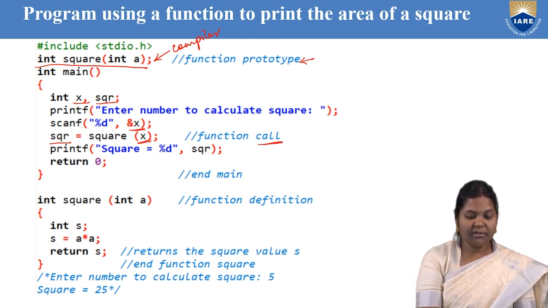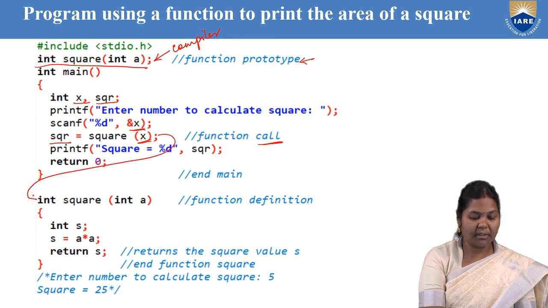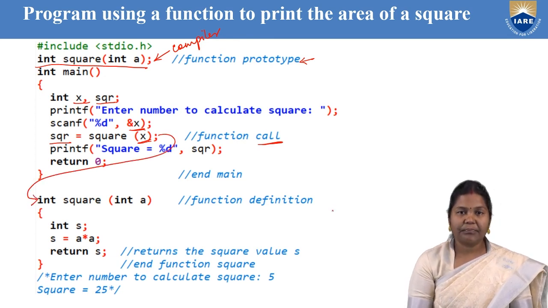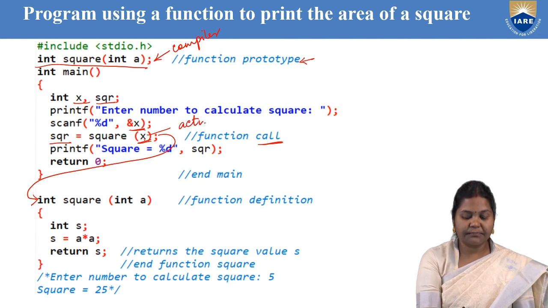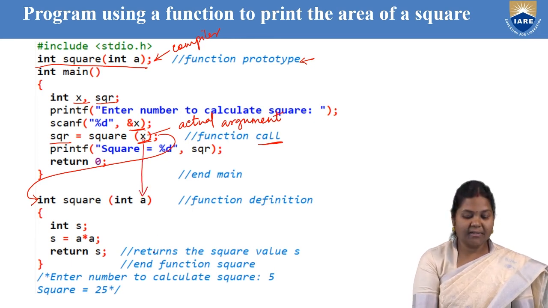When the function is called, the control automatically goes to the called function. Now in the function call, we are passing the argument x. This argument is known as the actual argument or actual parameter. Here the value of x is simply passed and stored into the parameter or argument a.